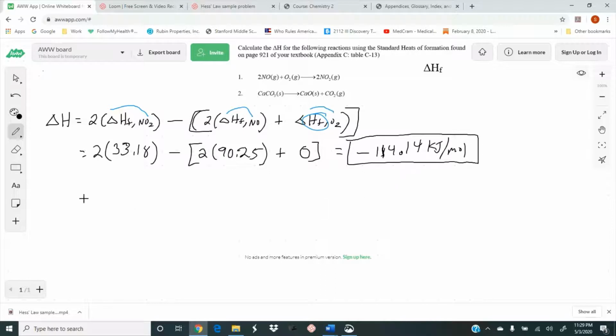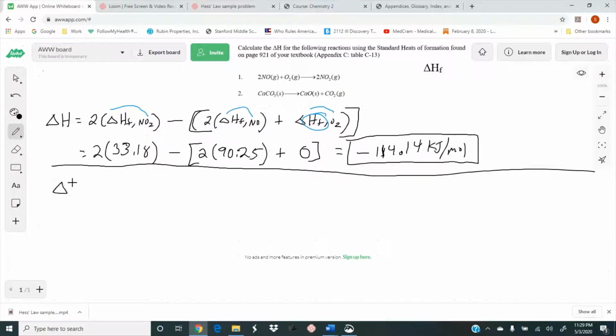Second problem is done the same way. So let me go ahead and put a line here, separate the 2 out. The second problem, we're looking at delta H. It is the heat of formation of calcium oxide.